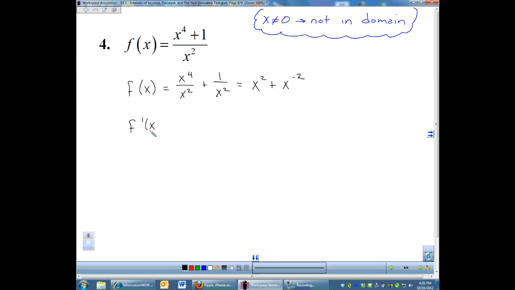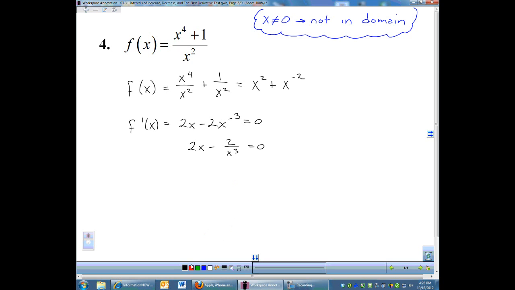So f prime of x is going to be 2x minus 2x to the negative 3, right? Then we'll set that equal to 0, and we need to solve that equation. So that's 2x minus 2 over x cubed. How would you solve that?